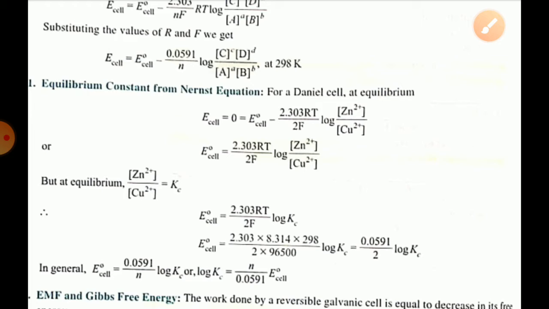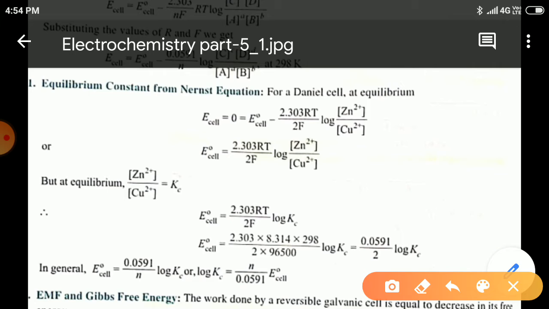So in place of the concentration term, we write the equilibrium constant Kc. Finally, the standard cell potential is equal to 2.303 RT upon 2F log Kc. So if the reaction is at equilibrium, we write the term log Kc.